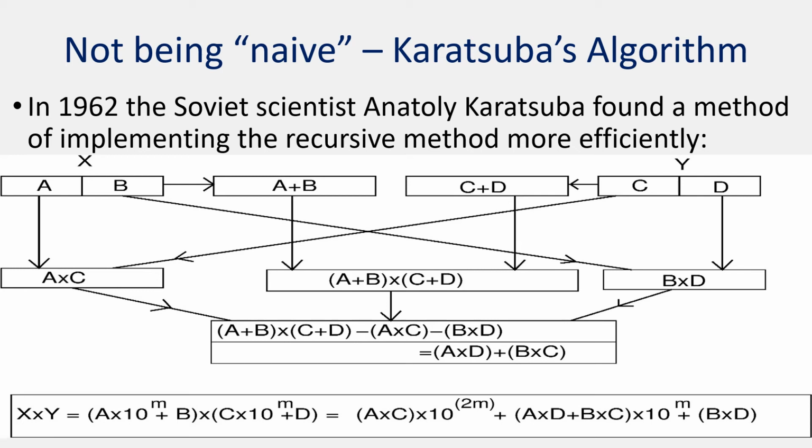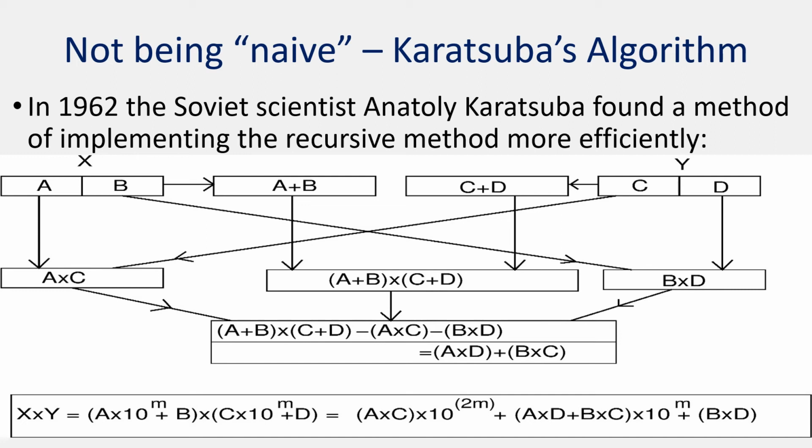And then we do something in Karatsuba's algorithm which is quite strange looking. We take these two components and we add them. We take these two components and we add those. And then we take these objects and multiply them together. Now that looks like a rather strange thing to do.